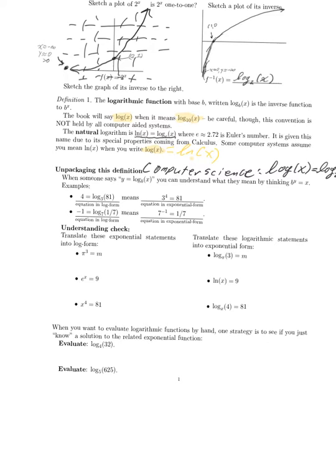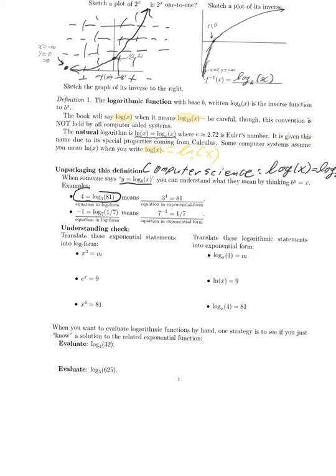So let's think about what a logarithmic expression means. Someone writes y is equal to the log base b of x. Remember, log base b of x is the inverse function to the natural exponential. So the difference between log base b of x and the exponential function is just that the x's and y's will be switched.